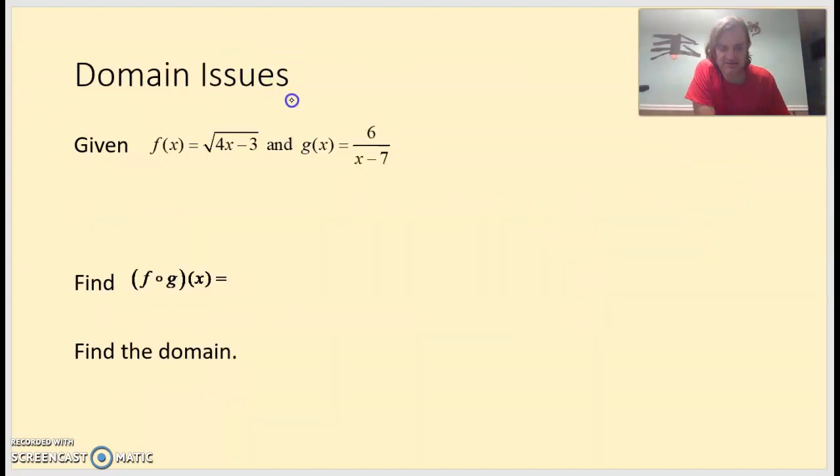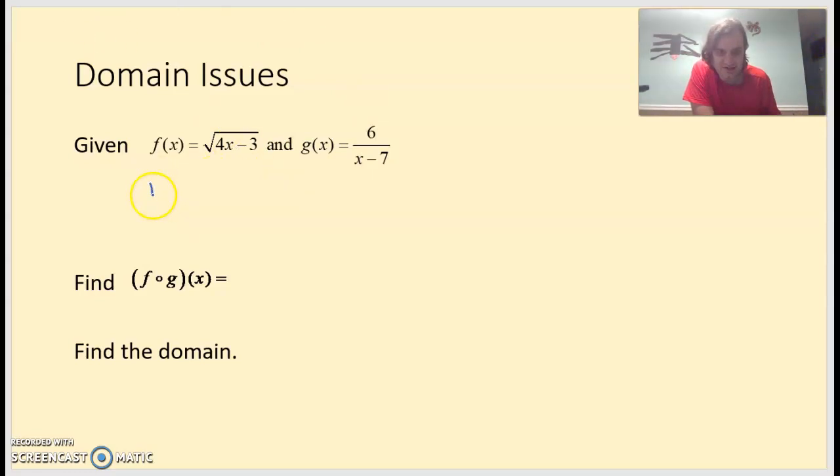Alright, so let's talk about domain issues here. I'm going to look at these two functions. f of x equals the square root of 4x minus 3, and g of x equals 6 over x minus 7. Each one of these has their own domain.